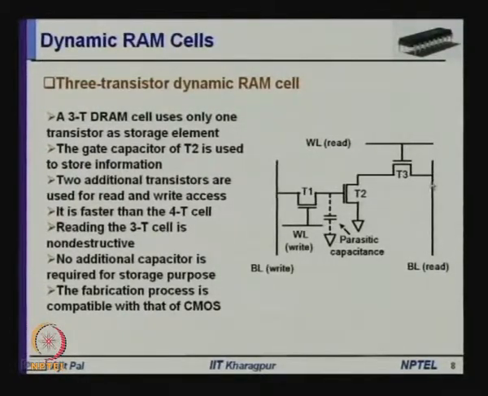So, it remains at the pre-charged value, because T2 is now off and it does not discharge through T3 and T2. This is how the reading operation takes place in 3 transistor CMOS circuits. This 3 transistor dynamic RAM technology is quite popular because of 2 reasons.